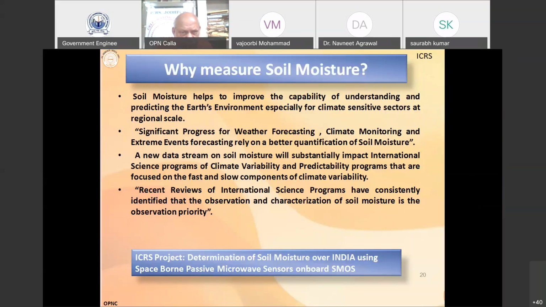So here what I'm talking about is that soil moisture helps in improving the capability of understanding and predicting the Earth's environment. That is one thing. Then there is significant focus on weather forecasting. That's very important because in the weather forecasting model, soil moisture is one parameter, and that is where we have to provide them this input.